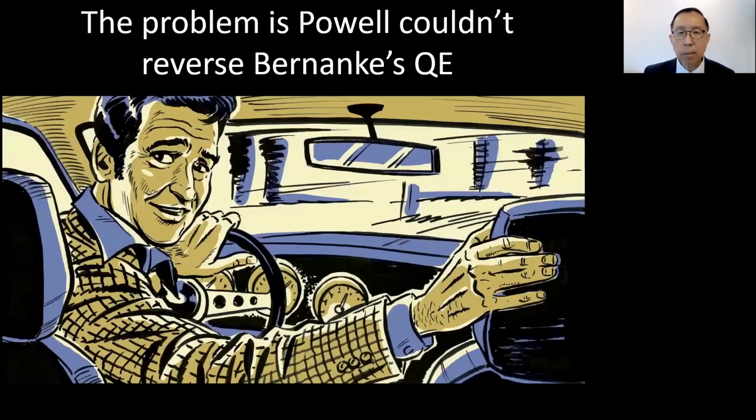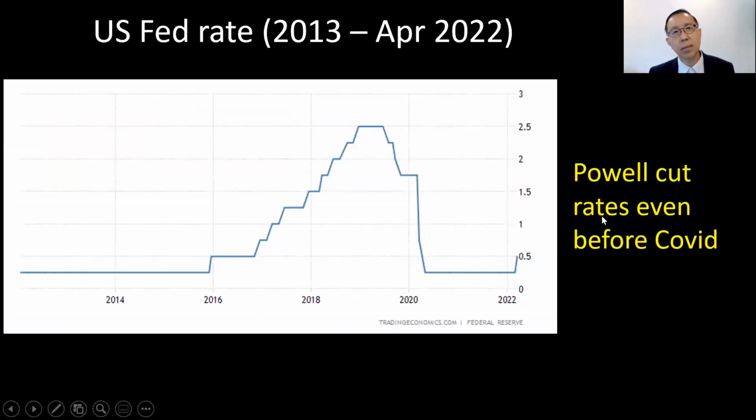All well and good, but the trouble is, Jerome Powell couldn't reverse Ben Bernanke's QE. Why do I say that? Well, look at this chart. This chart shows that in September, end of 2019, he started to reduce interest rates from 2.5.